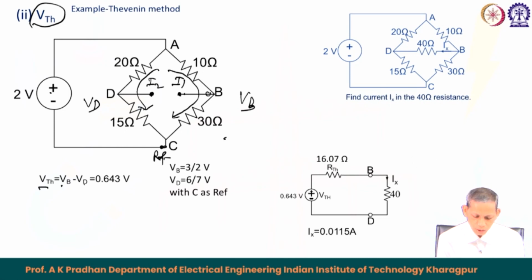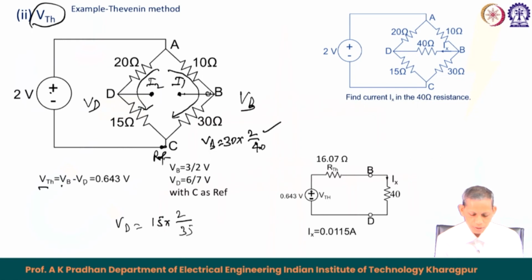So, 30 into 2 divided by 40 is the corresponding voltage V b, and similarly the corresponding current through this I 2 is 2 upon 35. So, the voltage V d becomes equal to 15 into 2 upon 35. So, this is about the V d, and similarly you got the V b.